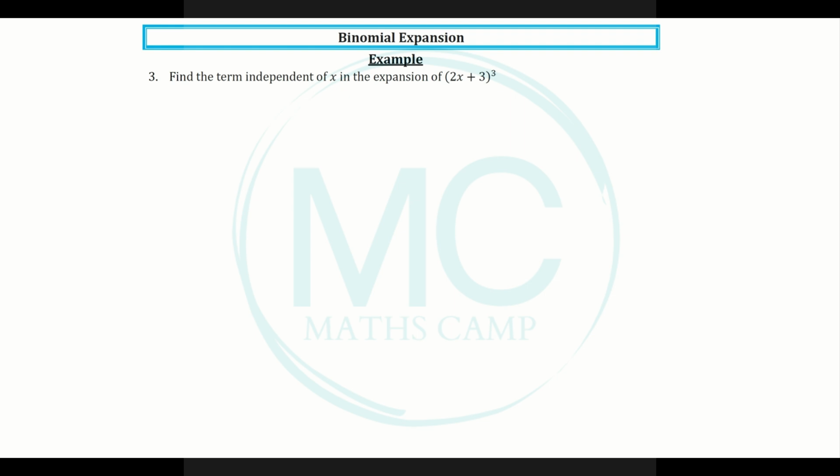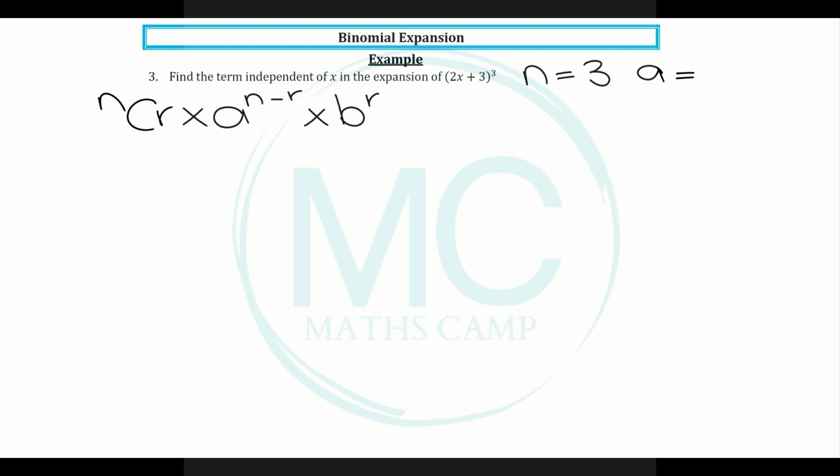So let's start with our formula. nCr multiplied by a with an exponent of n minus r multiplied by b with an exponent of r. From the bracket, we can see that n is 3, a is 2x, and b is 3. a is our x term.